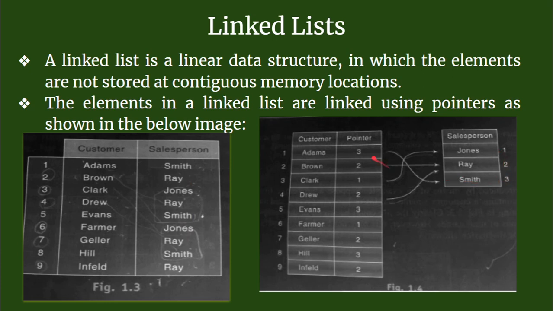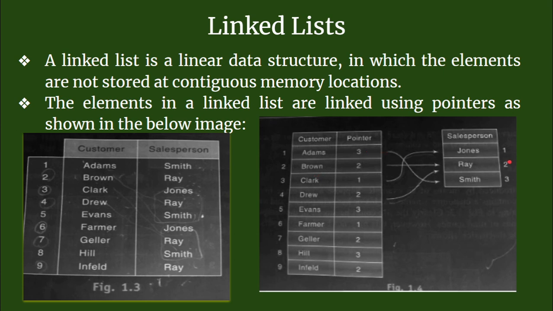Wherever Smith is there, we use the value 3. You can see Adam, Evans and Hill all have Smith, so in those 3 positions, instead of Smith we use the value 3.